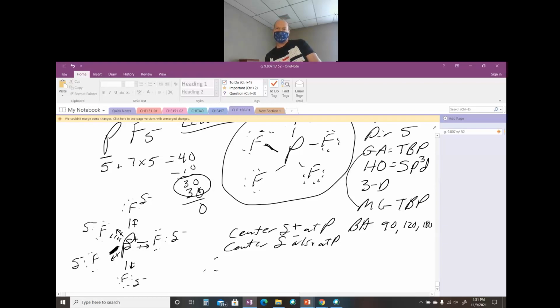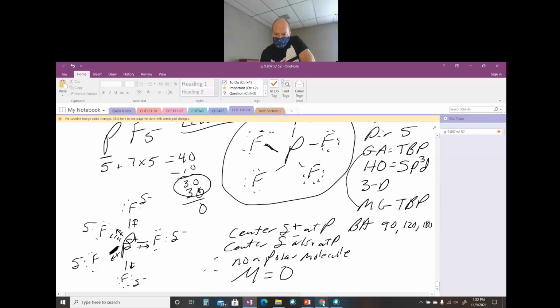So the center of that is the center of that circle, which is at the P. So it is exactly what it is. It's where is the center of that negative charge. And when they are at the same place, then it is a non-polar molecule. All right, and so this has a dipole moment of 0. So if you're nonpolar, then your dipole moment is 0.